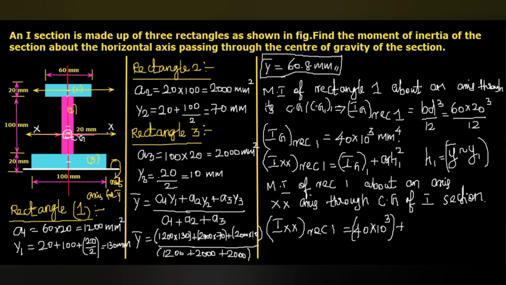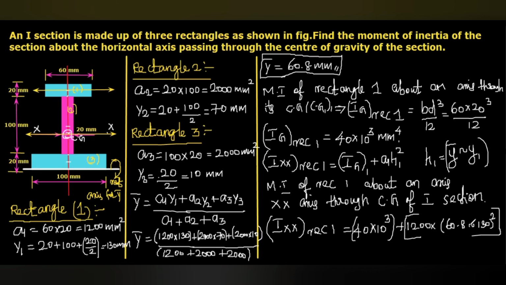plus A1, we calculated the value 1200 mm square, multiplied with h1, the difference of y bar, that is 60.8, and y1, that is 130, for this the whole square.